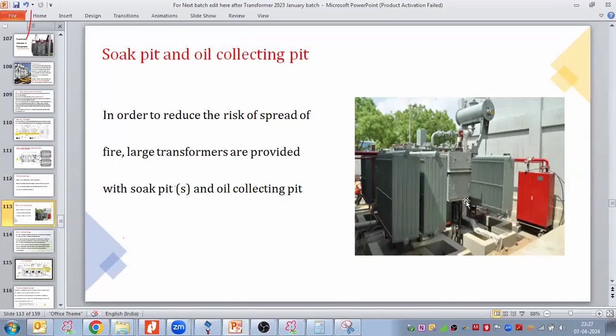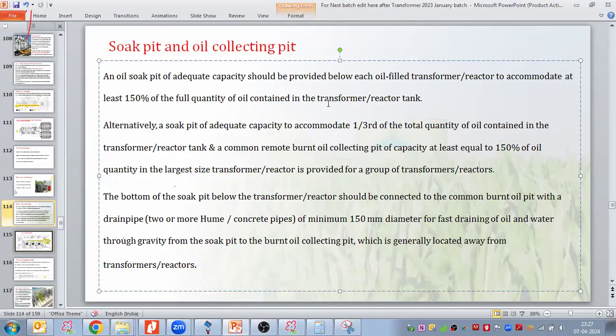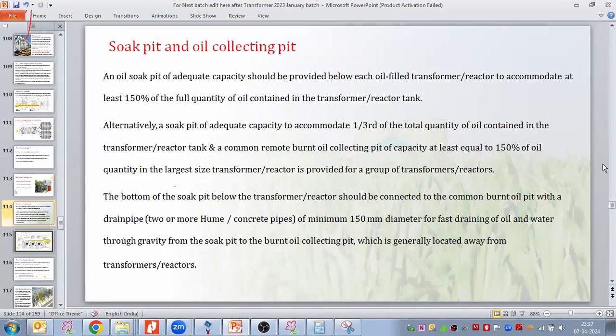So this oil we collect into the soak pit, and then it is further connected with a common oil collecting pit, and that oil we can further filter, and then again we can use it to top up the transformer oil. So an oil filtration unit is required generally, as per the general concept.